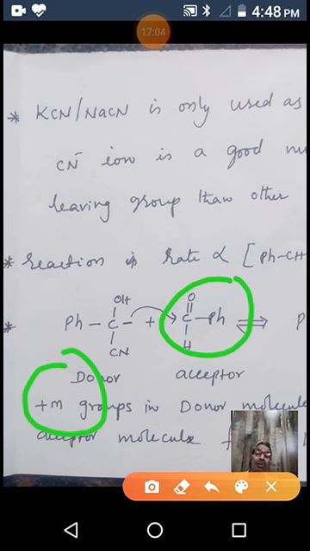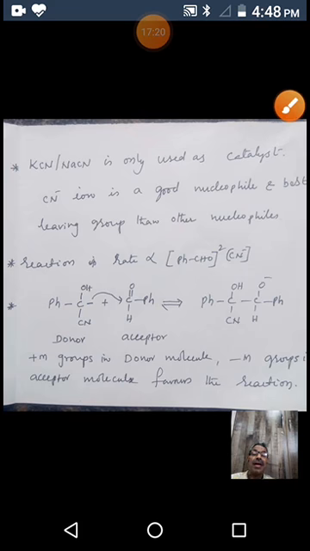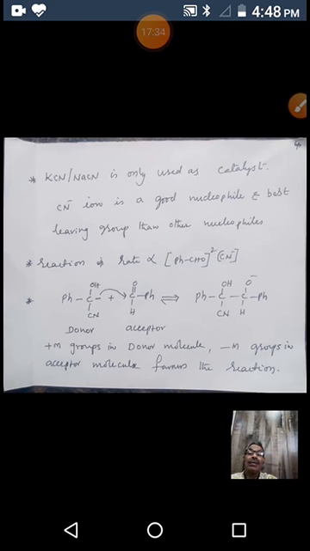Another molecule having electron withdrawing groups acts as acceptor because of the more electrophilic nature of the carbonyl carbon in molecules which have minus M groups. So one thing I can say: aromatic aldehyde with plus M groups acts as donor, aromatic aldehyde with minus M groups acts as acceptor, wherever two types of aromatic aldehydes are there.